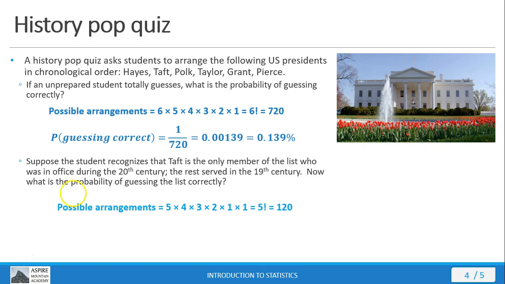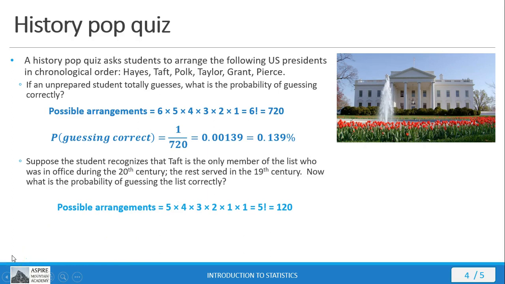Because you know Taft is in the 20th century, you know he's going to come last. So that first selection that you make, you've got 5 names to choose from. Then for the second selection, you've got 4 names to choose from. And so it goes down the line until you get to the last one, and you know what that is. You've got only the one to choose from, which is Taft. So you multiply all this together, it's the same as 5 factorial, or 120.